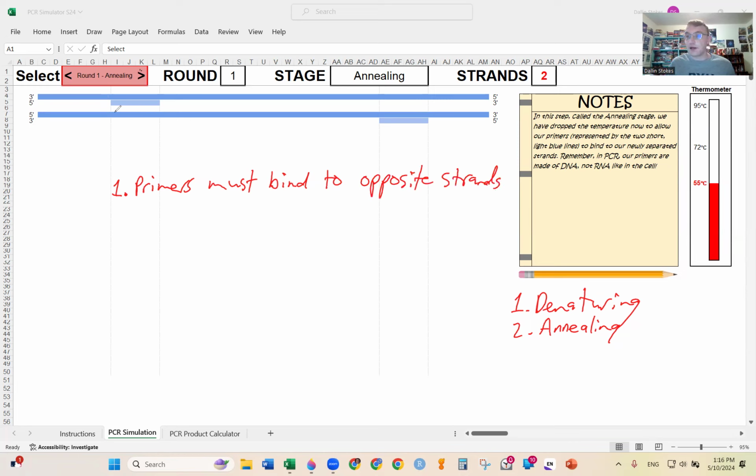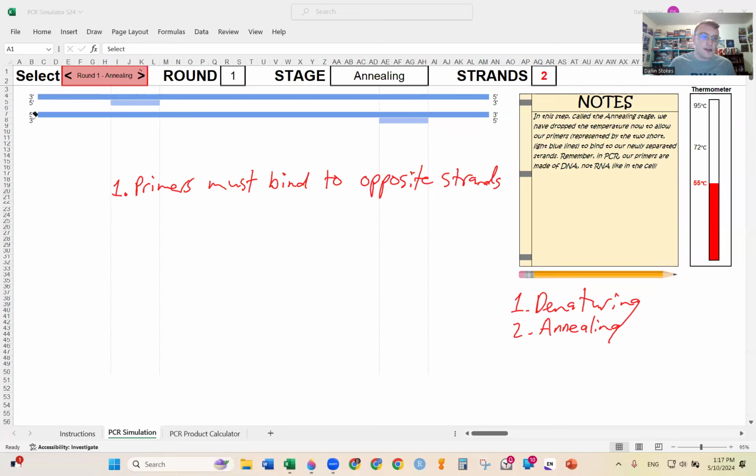What that means is of my two primers, because remember, we're always using two primers, one of the primers has to stick to the top strand, and one of the primers has to stick to the bottom strand somewhere. If both of my primers stick to the top strand, like if I put a primer there and a primer here, it's not going to work. If both of my primers stick to the bottom strand, like if I put a primer here and a primer here, it's not going to work. I have to have one primer stick to the top strand, and I have to have one primer stick to the bottom strand. That's the first rule.